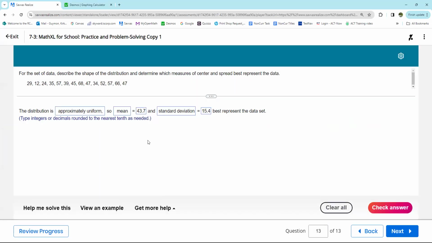So I feel like I want to take a screenshot this time to have evidence that that's what I typed in. Thought I did that on one of the last ones. And so if it's not approximately uniform and we're using the mean and standard deviation, it could be slightly skewed left, in which case we would use the median.